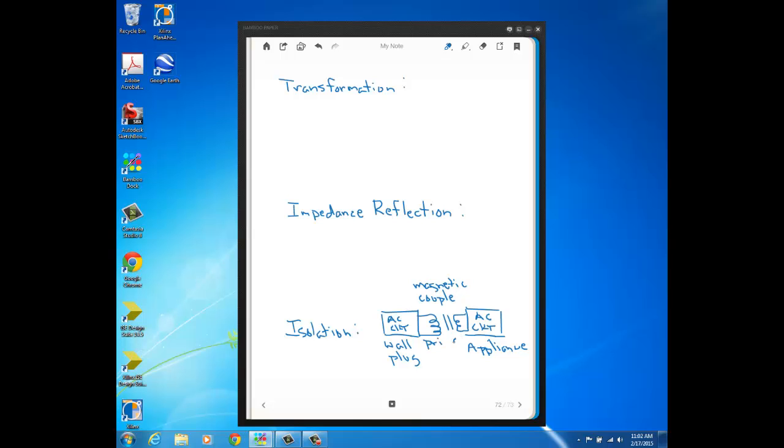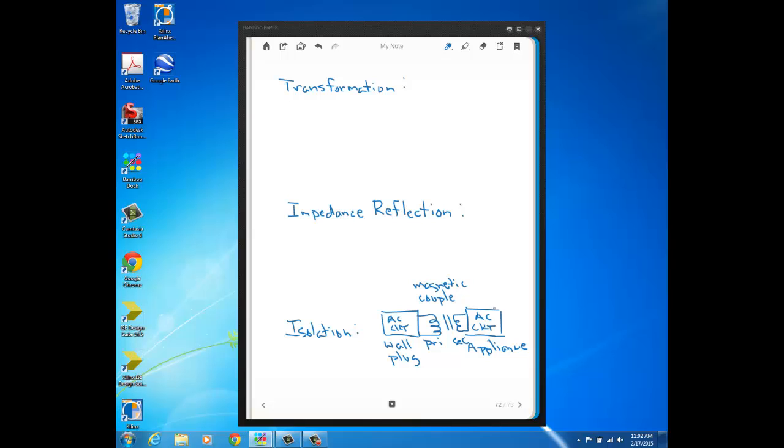Primary here, secondary here. So if something catastrophic happened to this appliance, say it's a TV and somehow water gets inside, which is bad. Water and electronics do not mix.